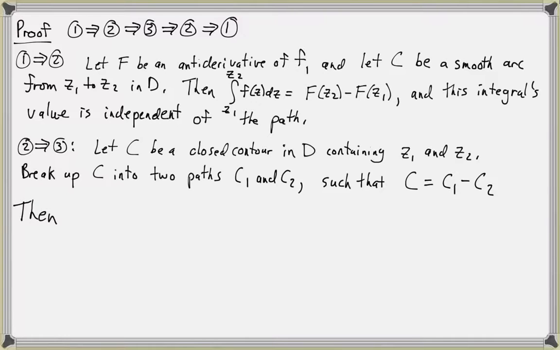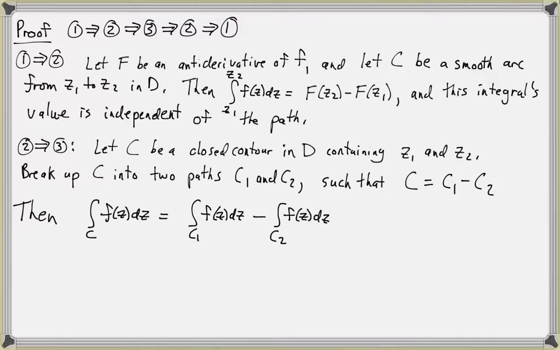Then, since C1 and C2 start and stop at the same point, the contour integrals of f along each of those paths are equal. So then we're going to write the integral of f over C as the integral of f over C1 minus the integral of f over C2.